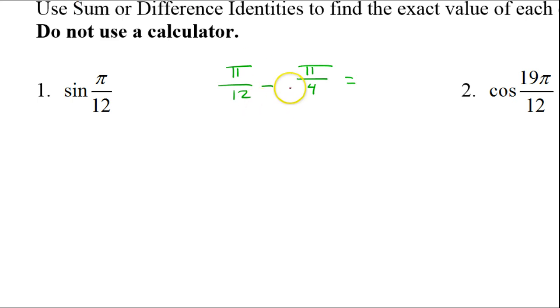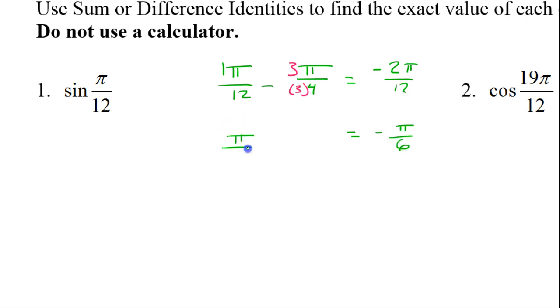So if I wanted to subtract these, I would have to multiply by 3 in order to have like denominators. Now I have 1 pi over 12 minus 3 pi over 12. That's going to be negative 2 pi over 12, which reduces to negative pi over 6.